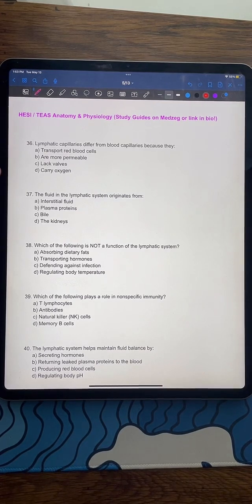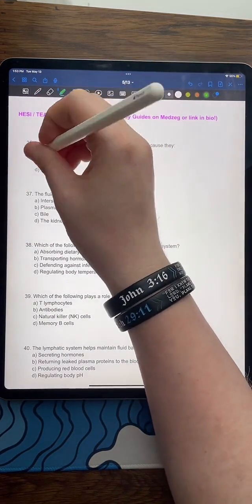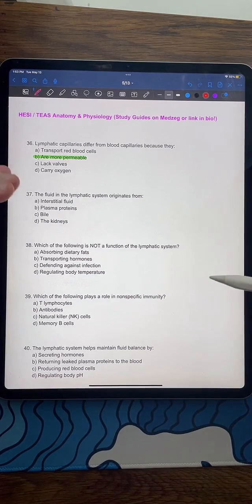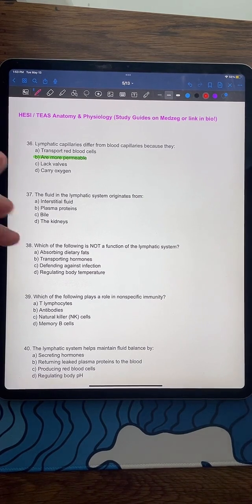Number 36, lymphatic capillaries differ from blood capillaries because the answer is B, they are more permeable. So lymphatic capillaries have larger openings. This allows fluid and proteins and even cells, like cellular debris, to fit through so that it can get filtered.